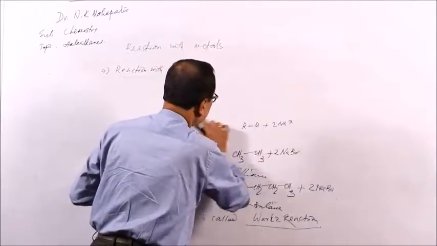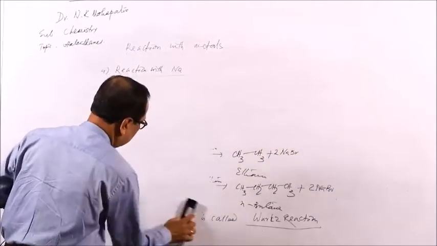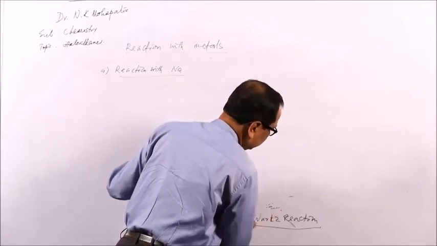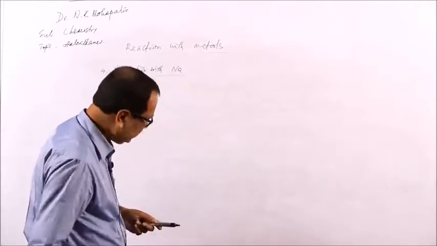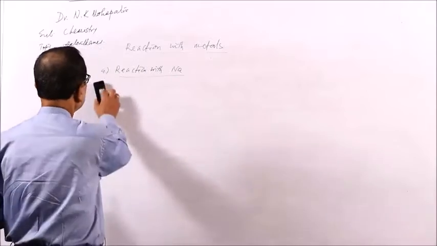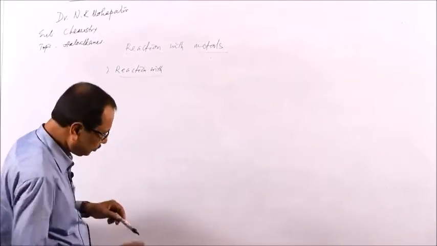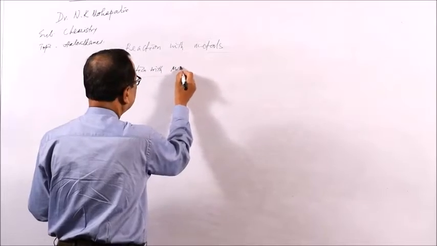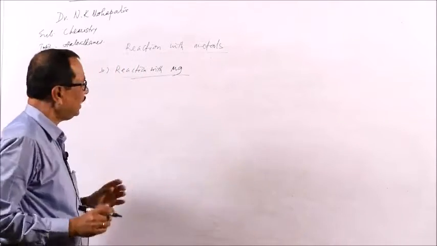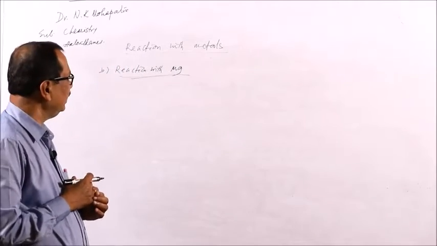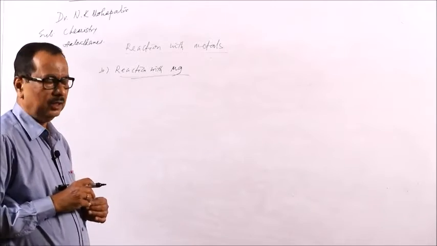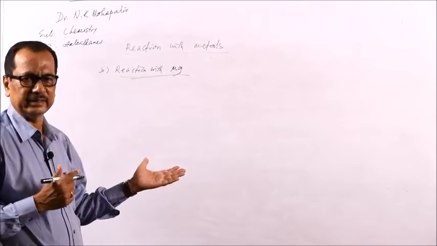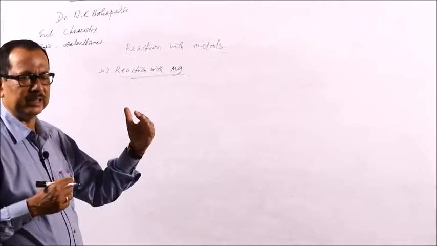Second reaction is reaction with metallic magnesium. When alkyl halide reacts with magnesium in presence of dry ether, we get Grignard reagents. That is RMgX.